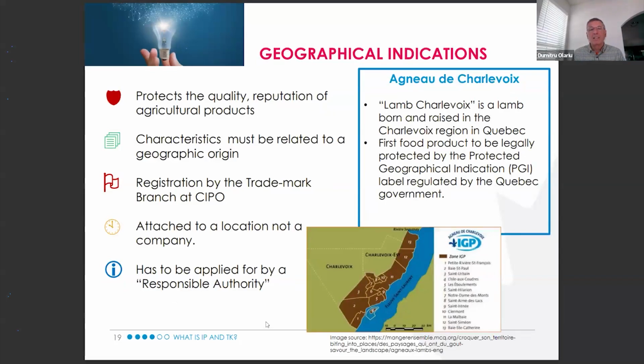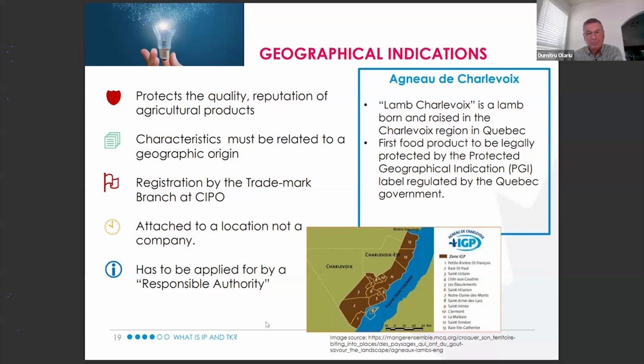I mentioned briefly, when I talked about the traditional knowledge definition, the geographical indications. That's quite appropriate for many creations coming from or related to traditional knowledge. So what are geographical indications?